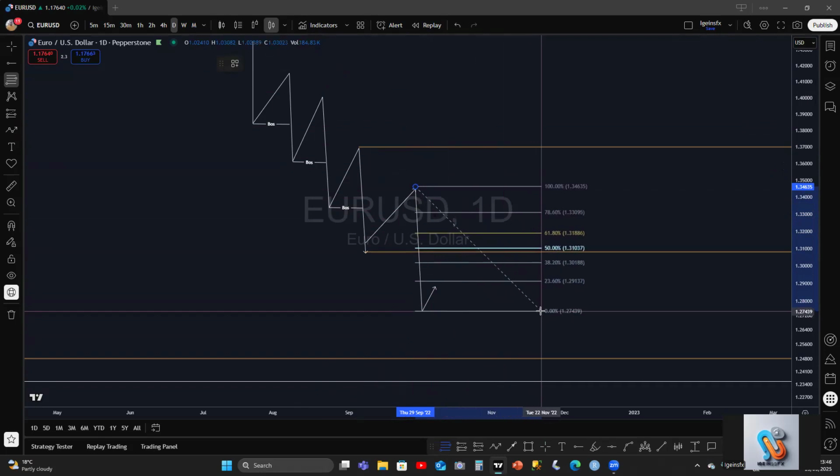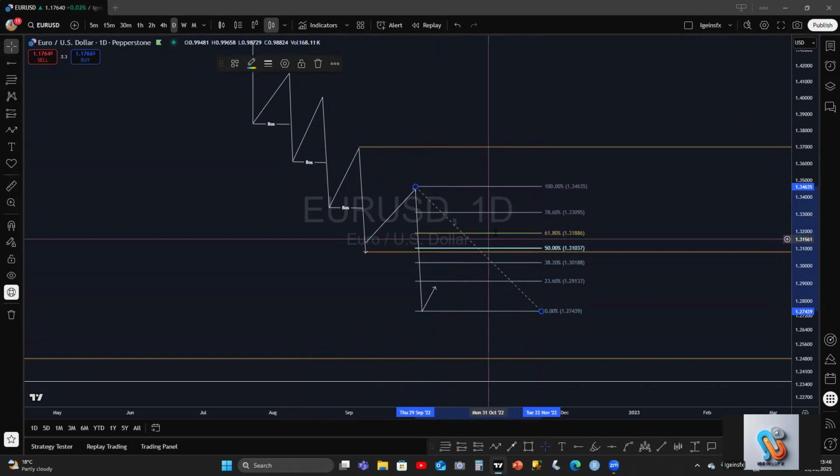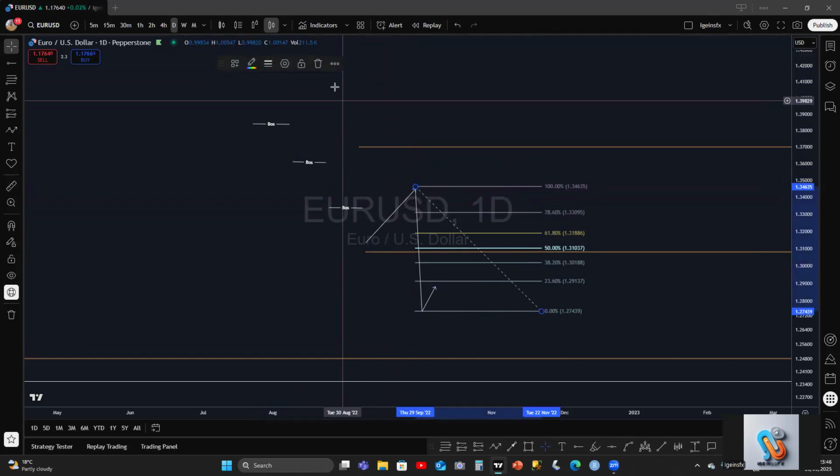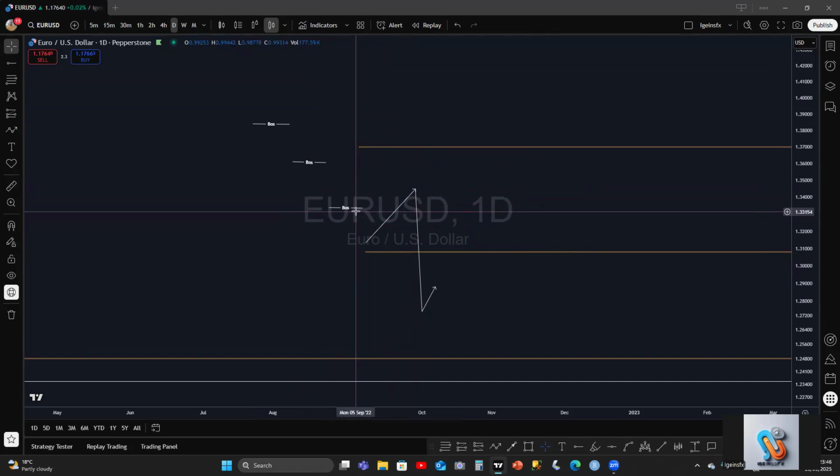The range now is from here to here. You wait for price to push into this premium level. Then once you see a hesitation, you enter. Target this level. As simple as that. That is how to trade support and resistance level.